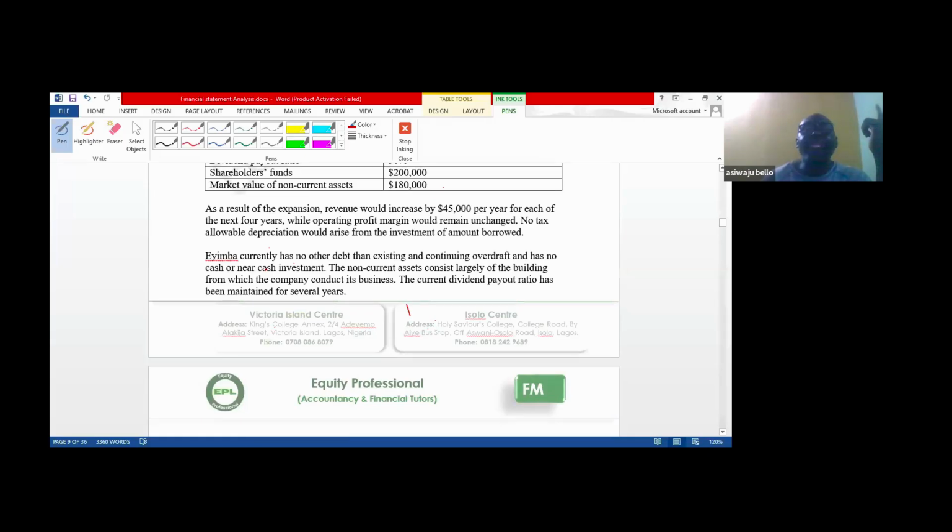Eyimba currently has no other debt than the existing and continuing overdraft. That means the overdraft is existing. It still continues for the years. We now come here.